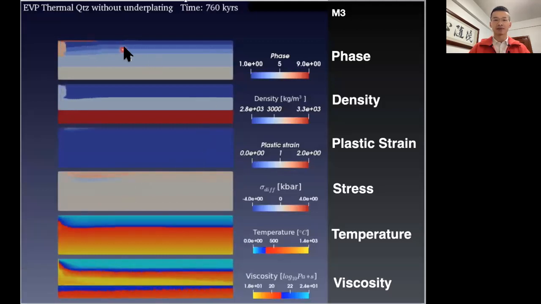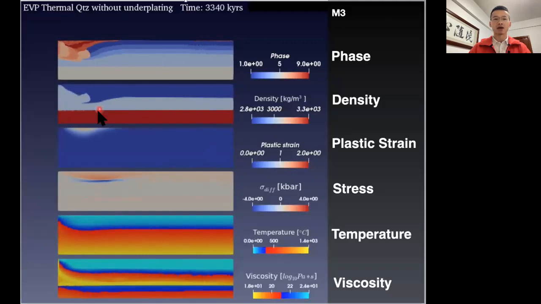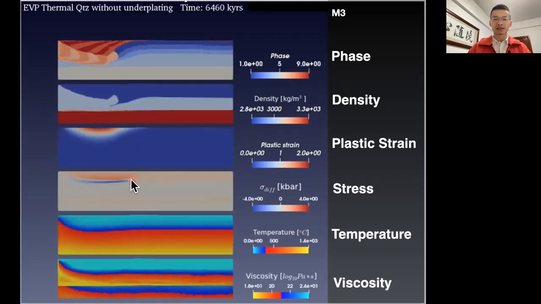Initially, the upper crust is flat, and then as the denser dike loads the surface down, we fill in lava, and as you can see, the flat surface is bent now. Due to the bending stress near the surface, it caused brittle deformation indicated by this plastic strain. And the bending also caused compressional stress indicated by this blue color.